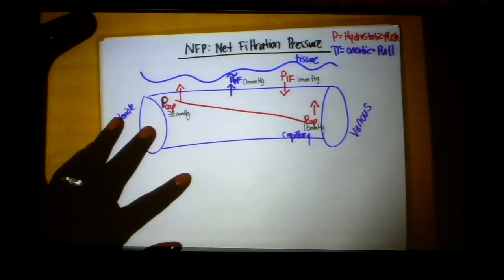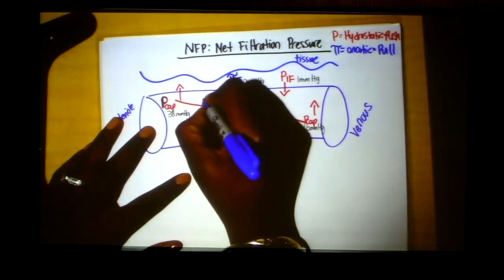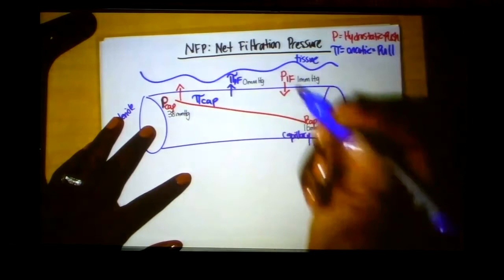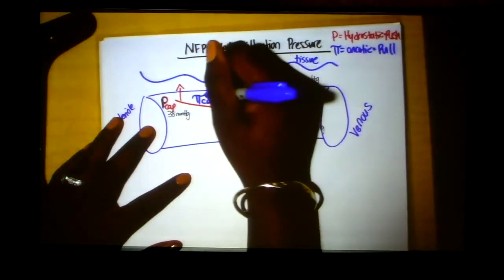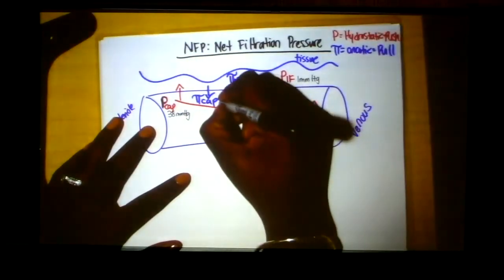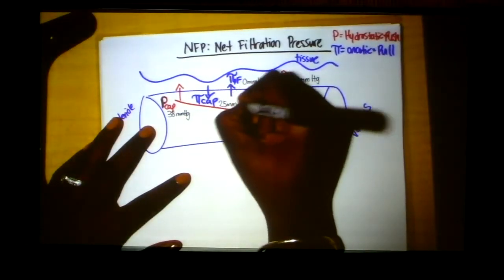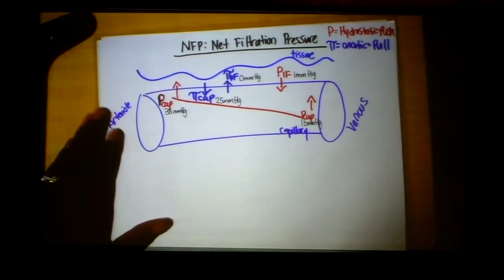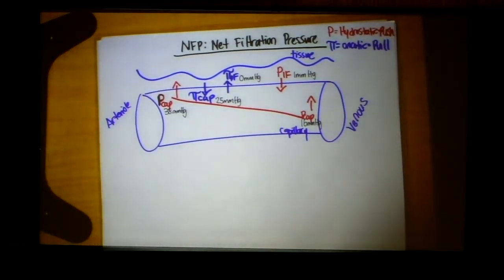Then we also have the capillary oncotic pressure, which is also a pull force pulling fluid into the capillary, and that is usually higher at about 25 millimeters of mercury. Okay. Any questions so far?